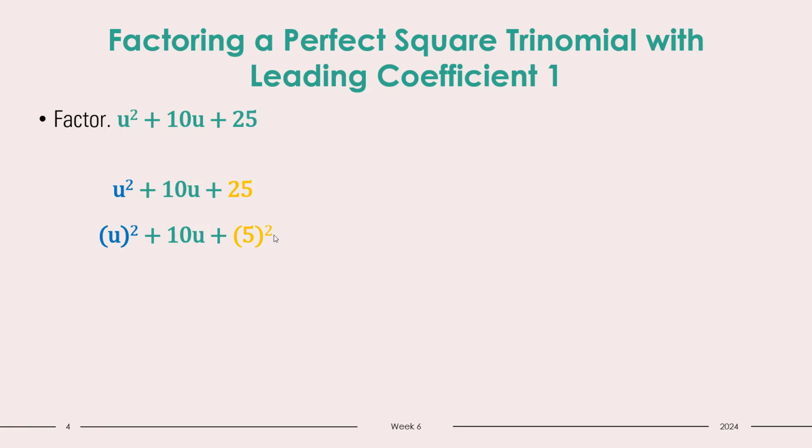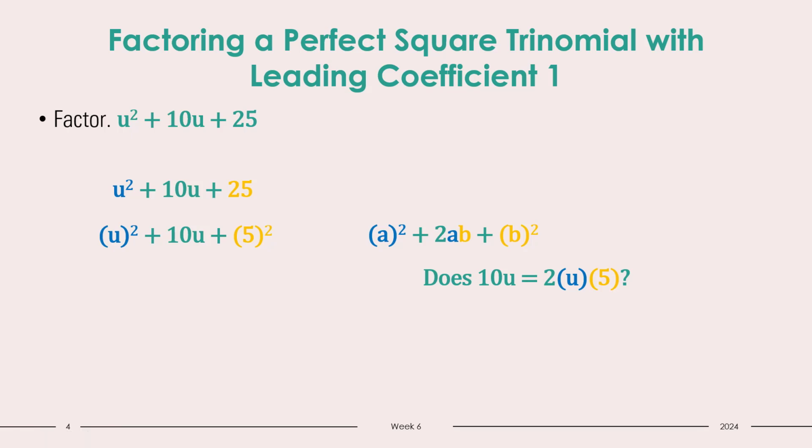But we can't claim that this is a perfect square pattern until we know that the middle term is going to be 2 times whatever our A is times whatever our B is, okay? And so the question we need to ask, since our A is U and our B is 5, is: does this middle term equal 2 times U times 5?